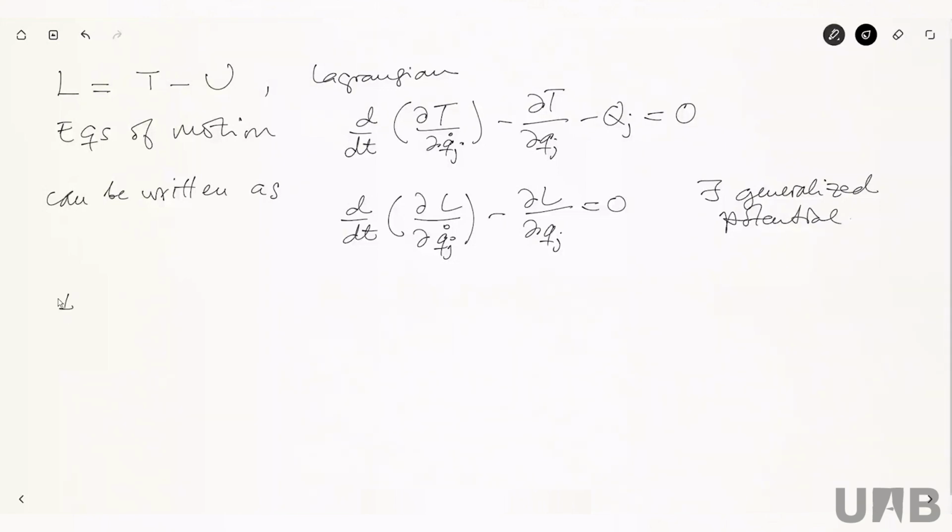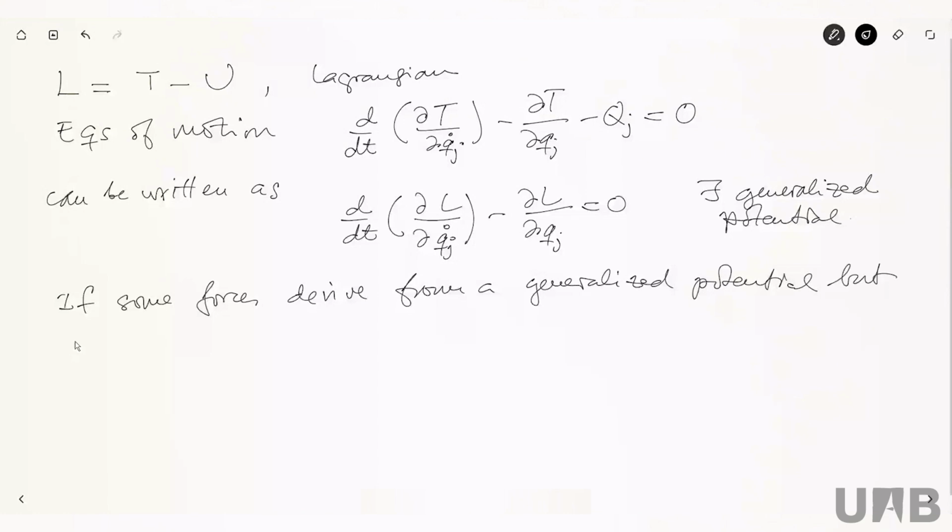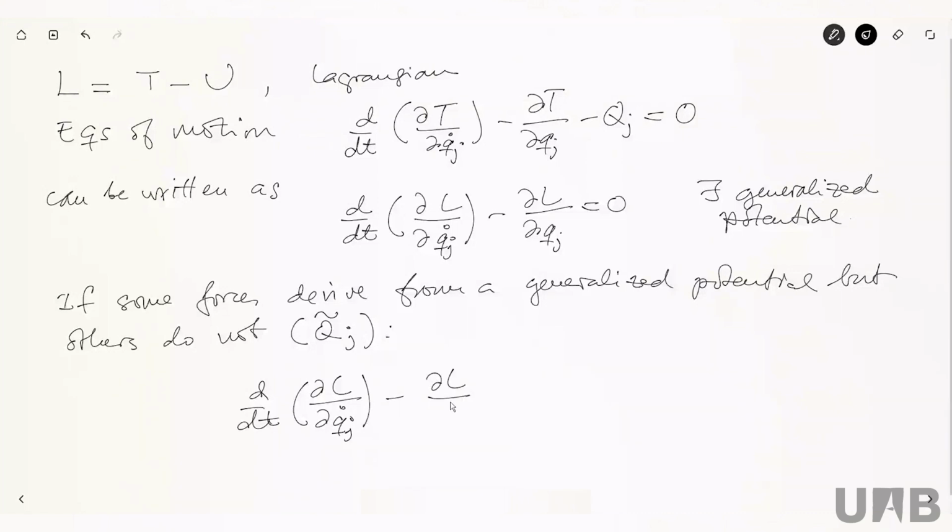Okay? If some forces derive from a generalized potential, but others do not, and those, let me call them Qj tilde, then the equations are going to be this term for all those generalized forces which do derive from a potential, and the Qj tilde on the right-hand side to account for the forces that do not derive from a potential.